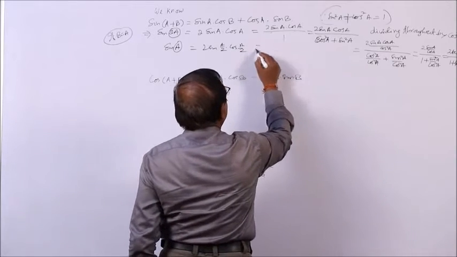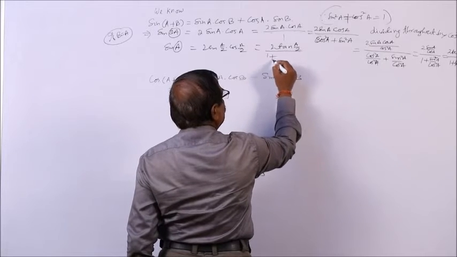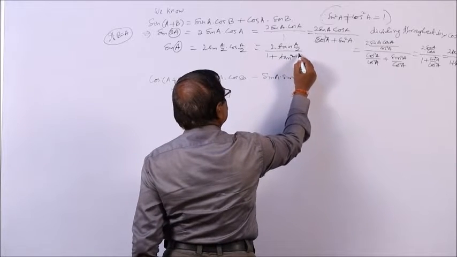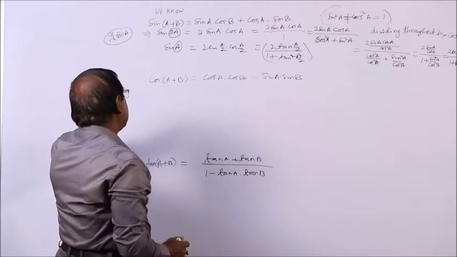Ultimately, this will be 2 tan A/2 by 1 plus tan square A/2. For solving problems, we will use these formulas.